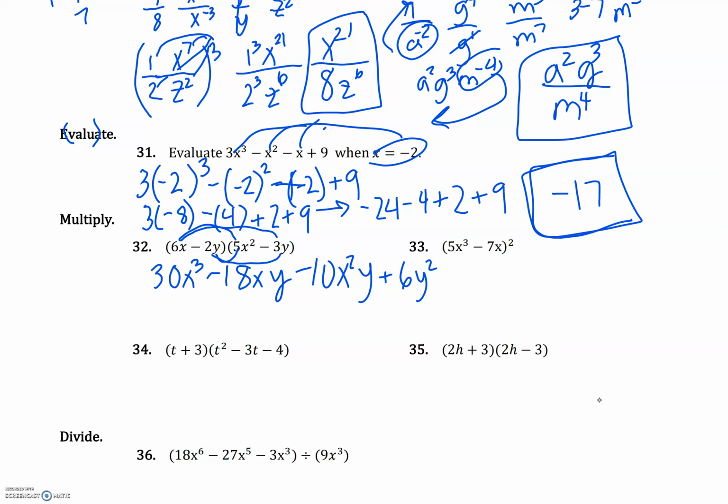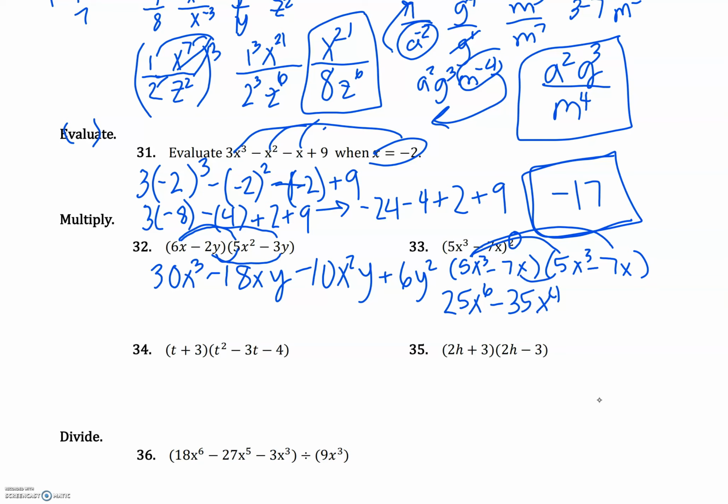All right, 33, because of this squared, we have to write it twice. So I'll write these down here twice. Multiply 5x to the 3rd times itself, you get 25x to the 6th. 5x to the 3rd times negative 7x is negative 35x to the 4th.